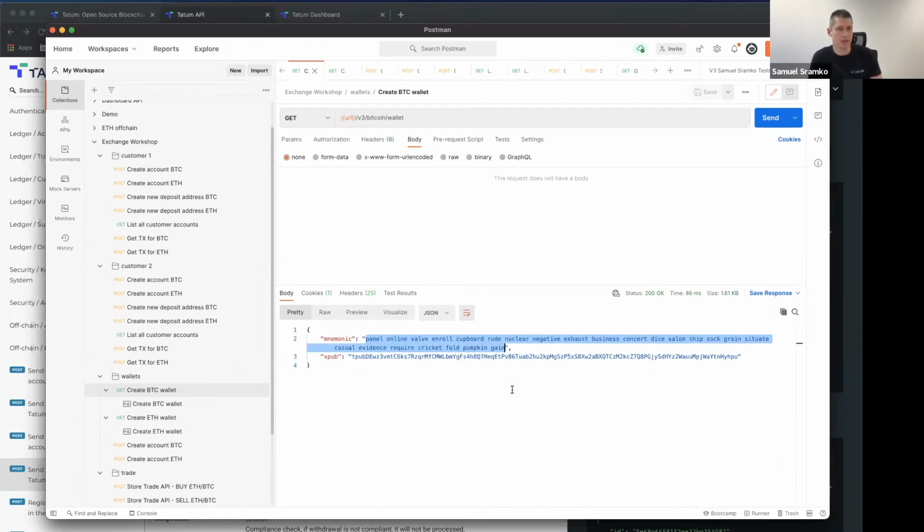We at Tatum have a lot of utilities and tools around our platform. One of these utilities is Tatum KMS, which is a key management system used on your servers for safely storing the private keys. And we at Tatum don't want to mess with your private keys. We don't want to see them. We don't want to do anything with them.